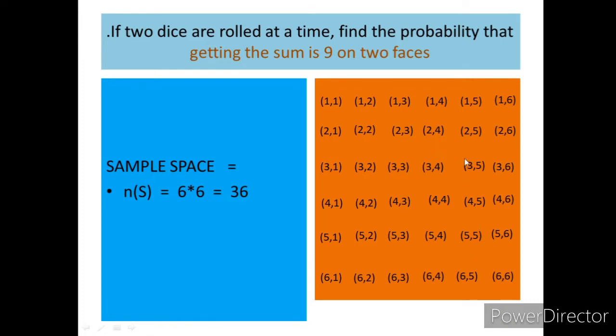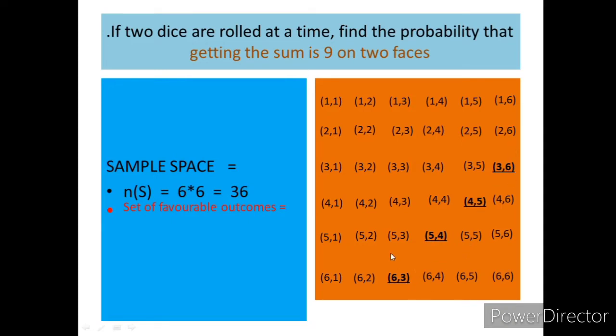You see many more. Here you see 3 comma 6 gives 9, it is suitable. Or if you take 6 comma 3, it is suitable: 6 plus 3, 9. If you take 4 comma 5, it gives 9. Can you identify any more? You see which are our favorable outcomes? You have to observe in this one. All the favorable outcomes are in bold letters with underline. You see this one, this one, this one, this one: 3 plus 6, 9, 4 plus 5, 9, 5 plus 4, 9, 6 plus 3, 9.